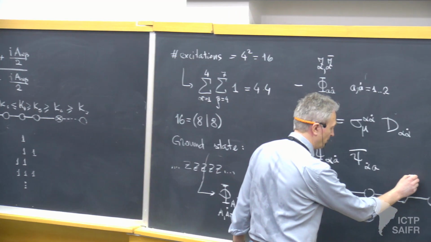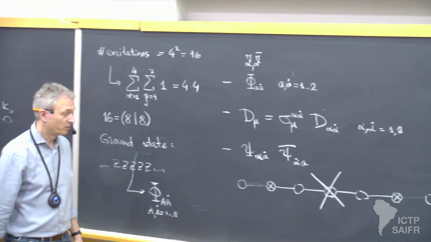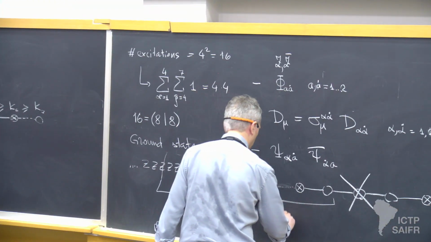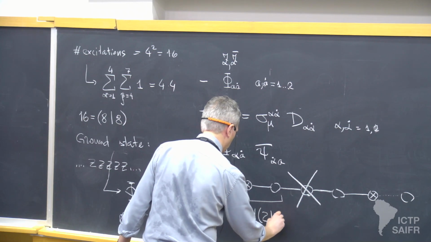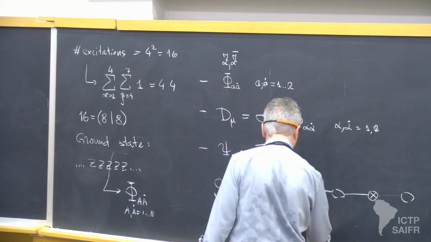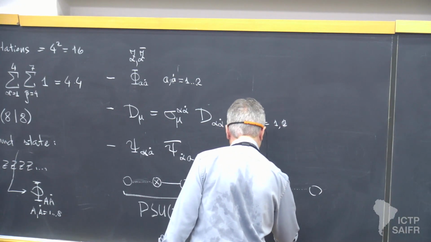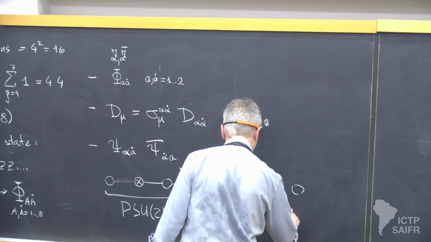So to find the algebra of the unbroken group, we just cross this node. And what remains is the Dynkin diagram of the Lie algebra of PSU(2|2) squared.